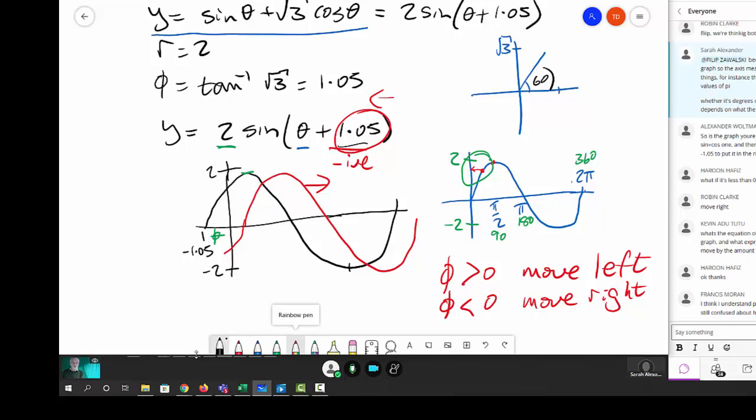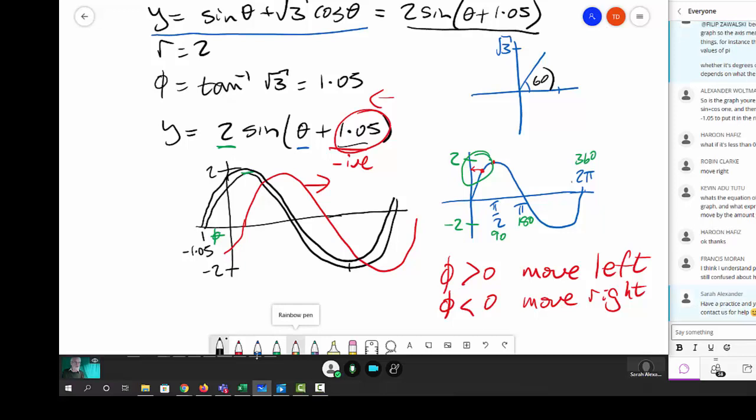Okay, so what I'm now plotting is the curve, this black line. I'm just duplicating it because this will show on the video. So that black line is 2 sine (theta plus 1.05). So the graph has moved to the left.